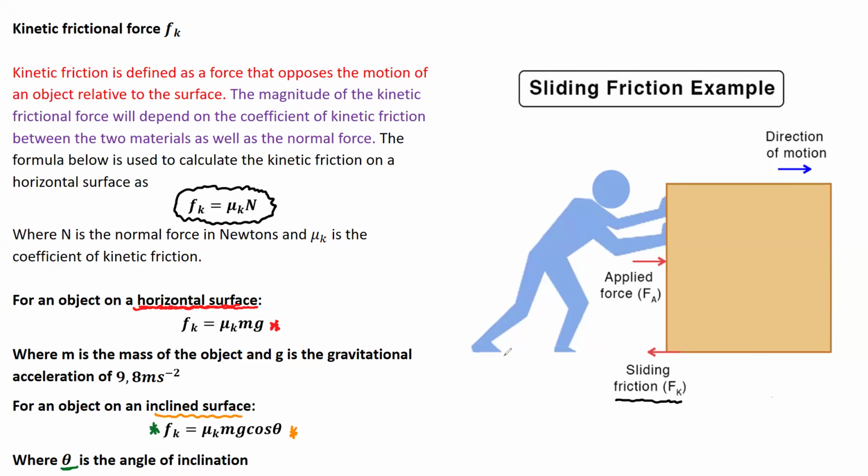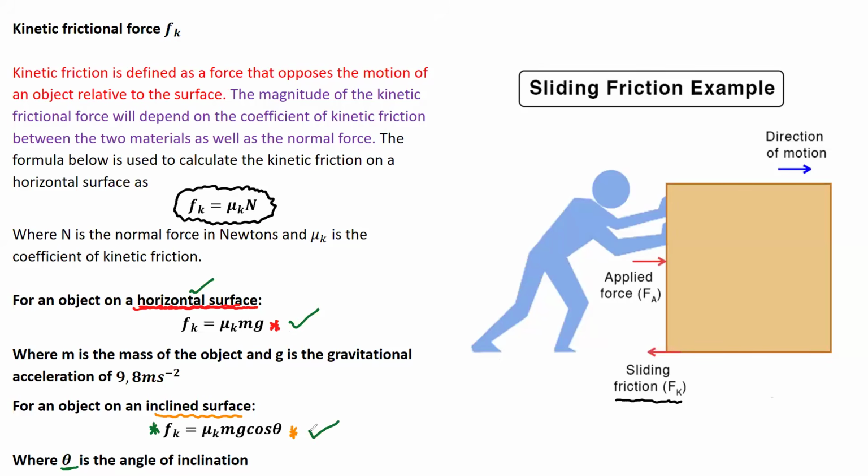In physics, in all circumstances, your choice of equation is always dependent on the information given and what you are asked. Whether you pick this one, the information should be that it's on a horizontal surface.